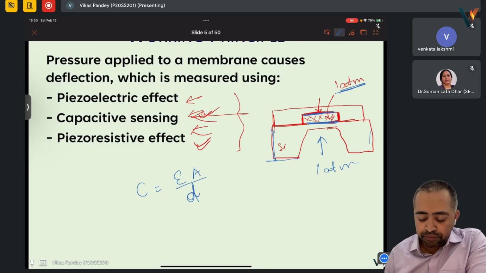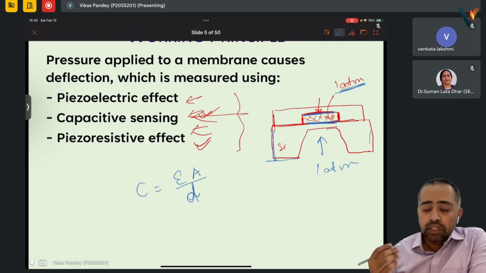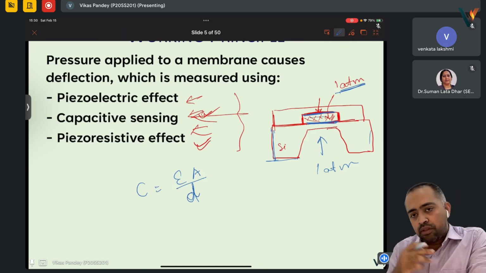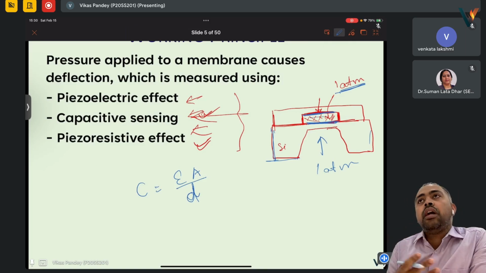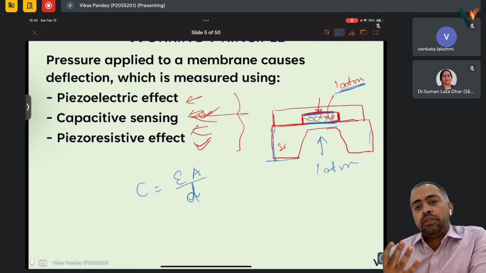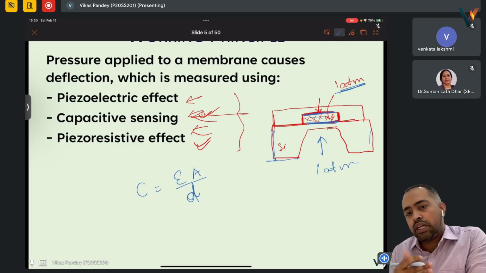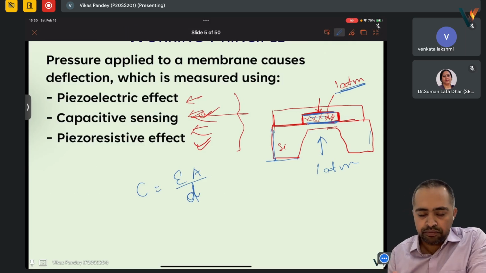If we need to measure some higher pressure, we can have some other fluid at higher pressure sealed there. But let's assume it is air only here. So it is epsilon naught A upon D.